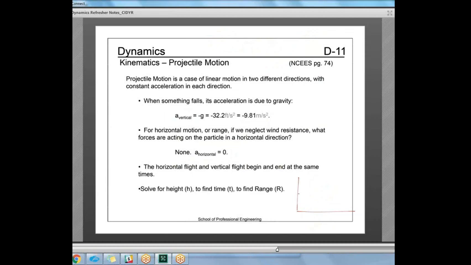How do we know when we hit the ground? Well, let's draw a velocity versus time graph for the vertical motion. And it's going to look something like this. So here's our velocity in the y direction, and here's time. And it looks like a parabola.